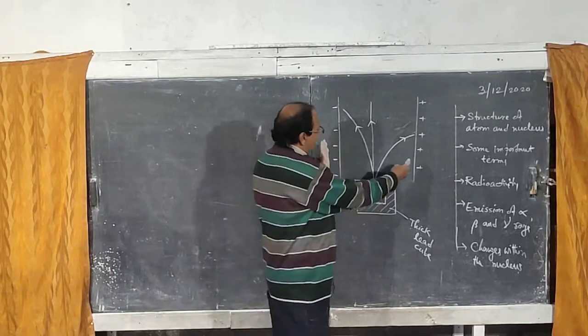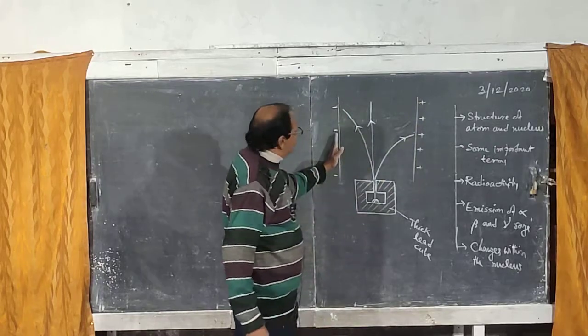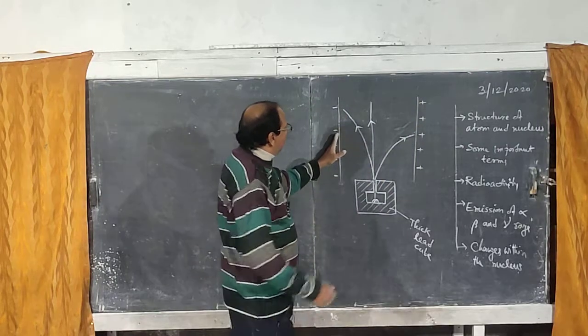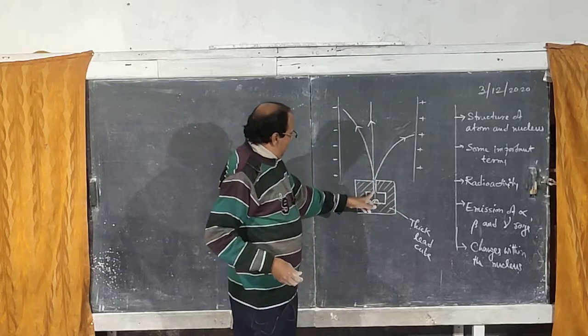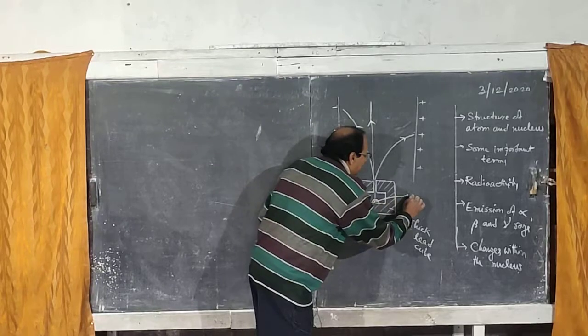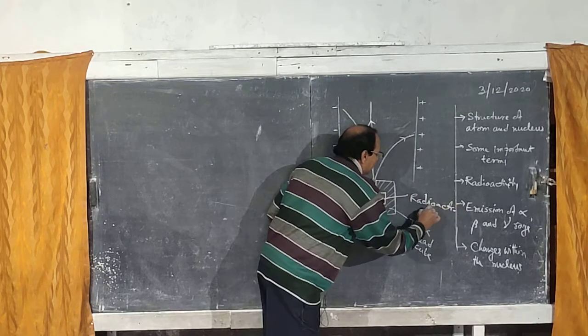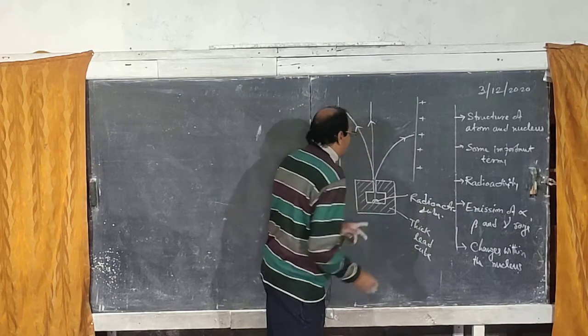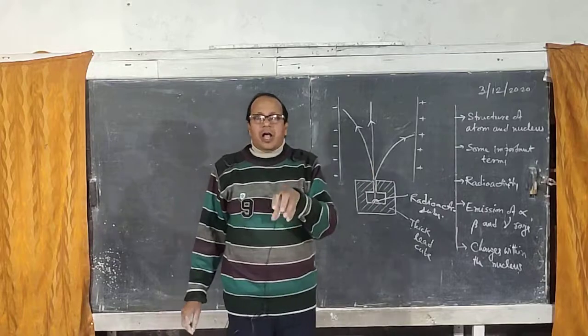So if you keep an electric field, here positive plate and here negative plate, in between these two plates there is an electric field. So when radiations come out from the radioactive substance, we will see the emitting particles are not coming together.